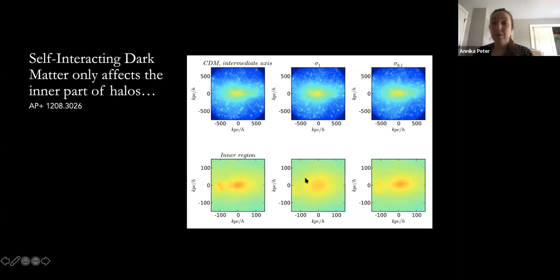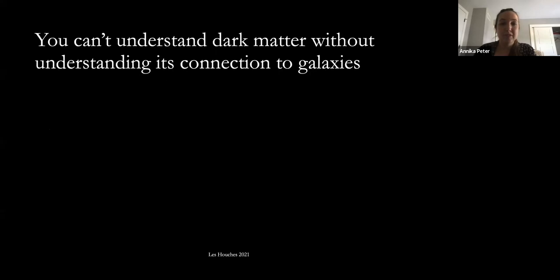Okay, so to understand dark matter, we really need to understand this interplay between galaxies and dark matter, or the baryonic components of galaxies and the dark matter components of galaxies. Which is one of my main points.